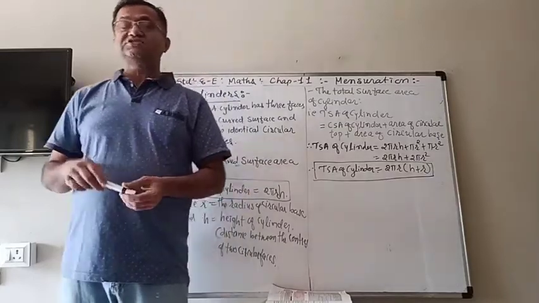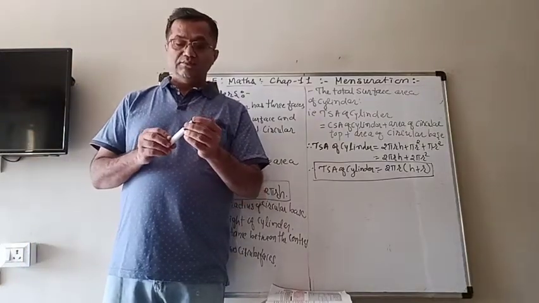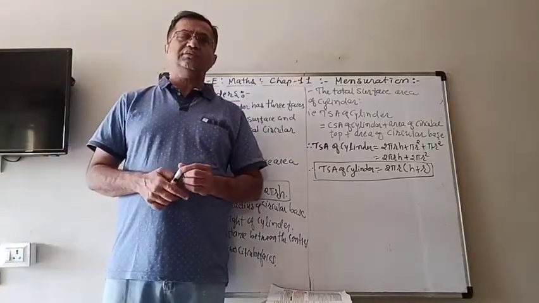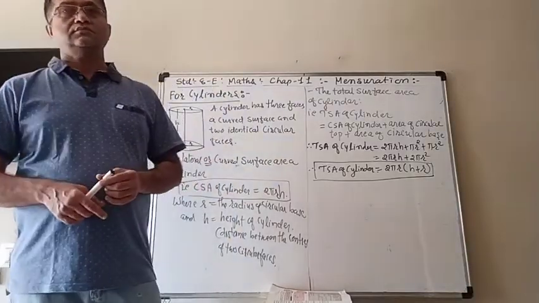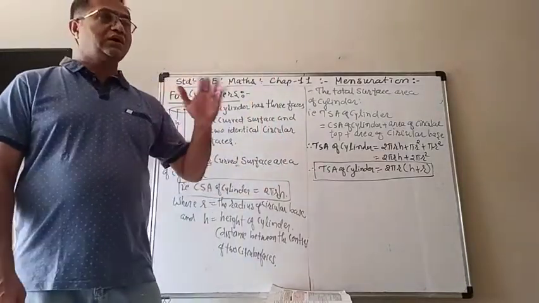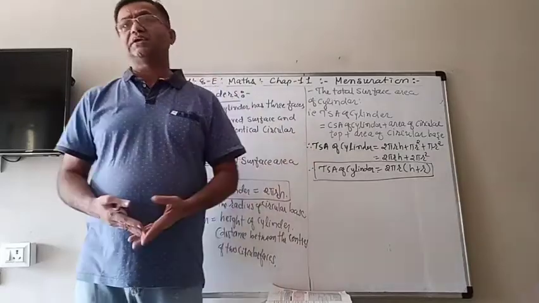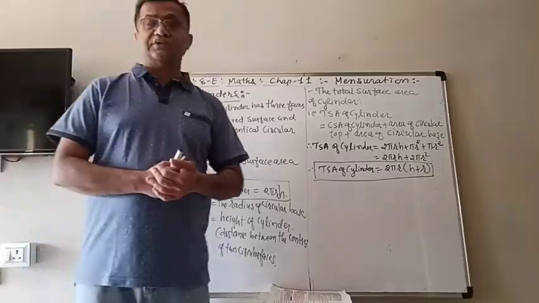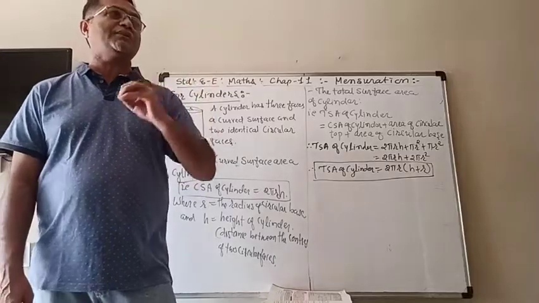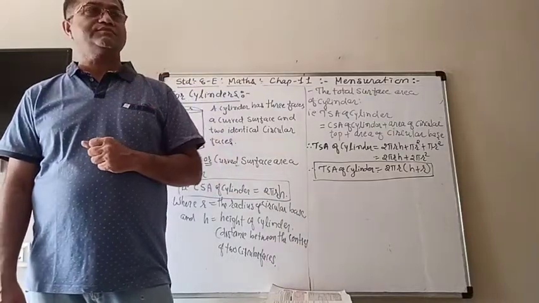As you know, we are busy with chapter number 11, mensuration. In this chapter, in the beginning, we recall the formulas that we learned in the lower standards, like the area of squares, rectangles, circles, etc. Means the areas and perimeters of two-dimensional figures or plane figures.